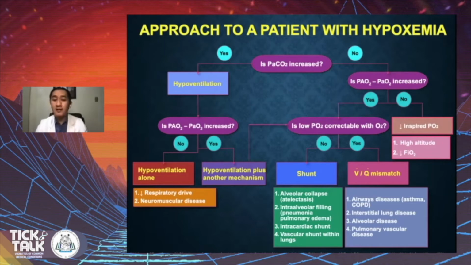Maybe you're at a high altitude or there is decreased FiO2. This is an eye-opener for everyone that not all hypoxemic patients can be treated by just giving or increasing O2 supplementation. So this algorithm is very important to correct the hypoxemia of the patient.